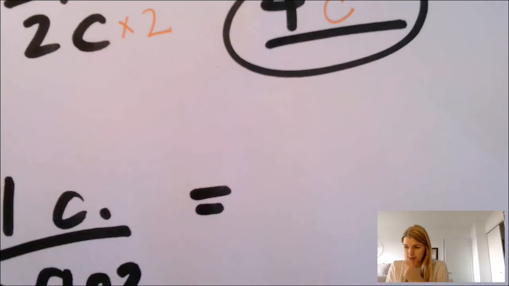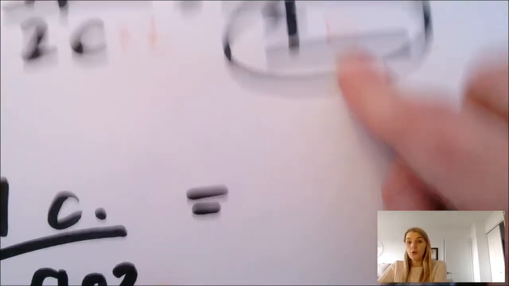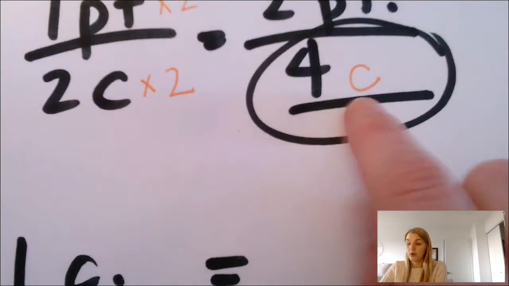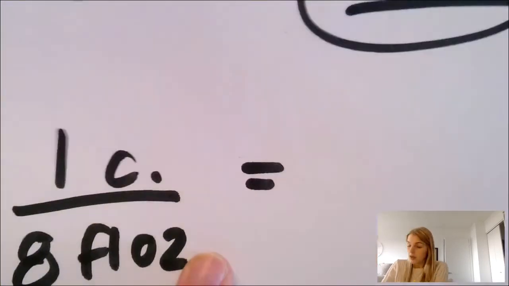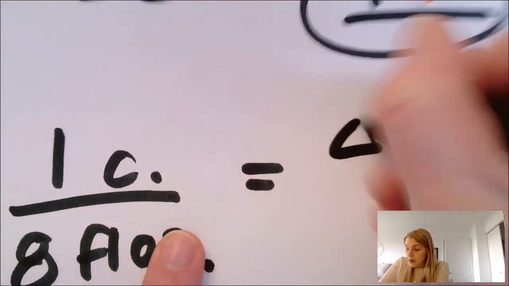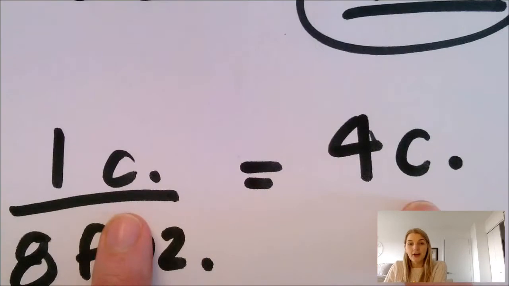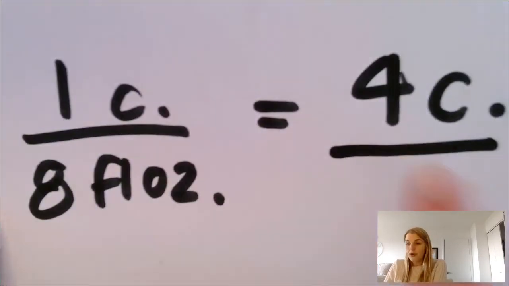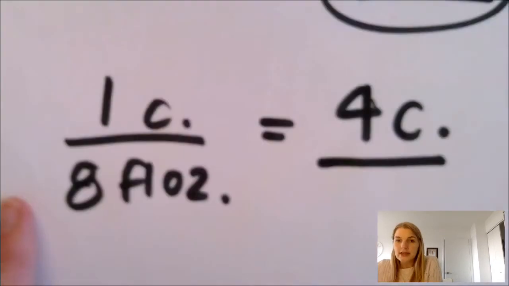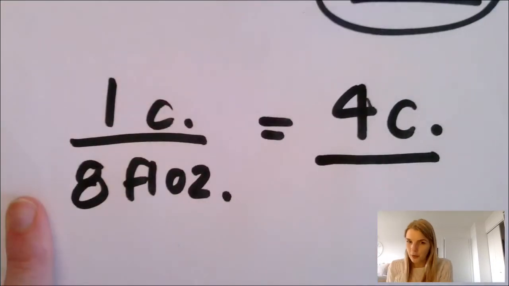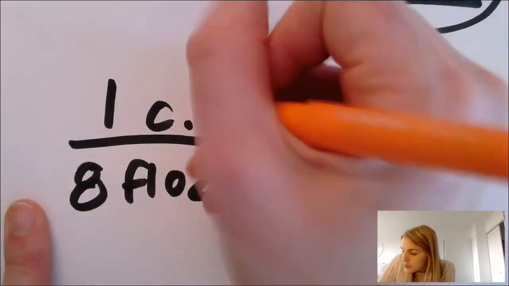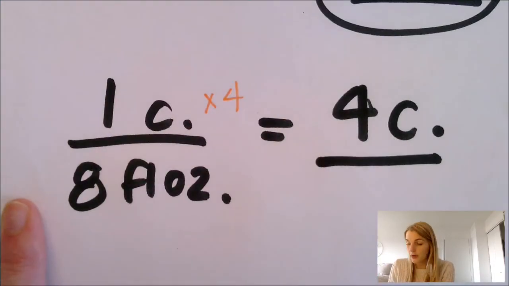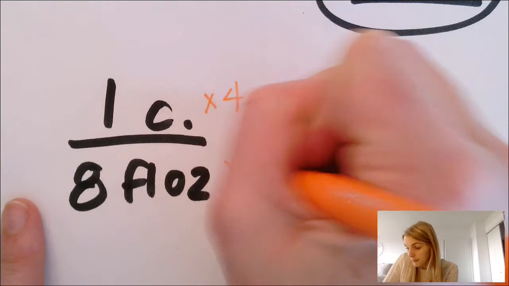Okay, so here's the fun part. We know that we're talking about 4 cups because we found that 4 cups were in 2 pints. So remember, we want to keep our similar units together, cups. So we have 4 cups. So let's see, how did we get from 1 cup to 4 cups? Well, we multiplied by 4. 1 times 4 is 4, and what we do to the top, we do to the bottom.